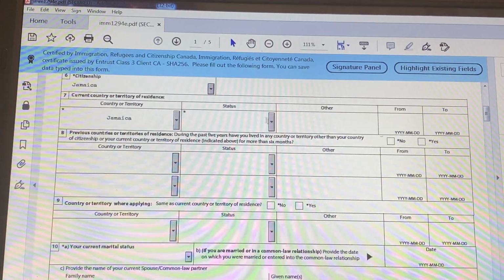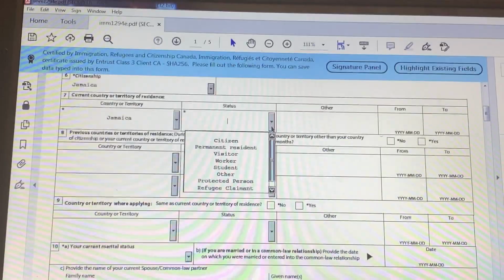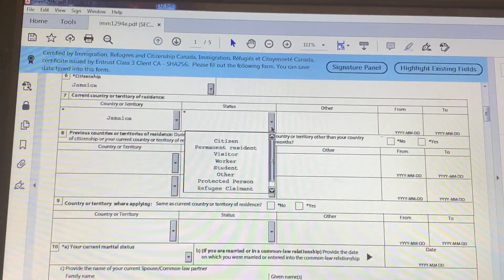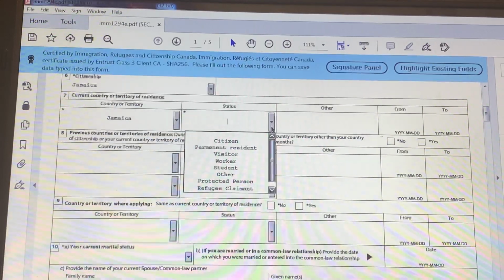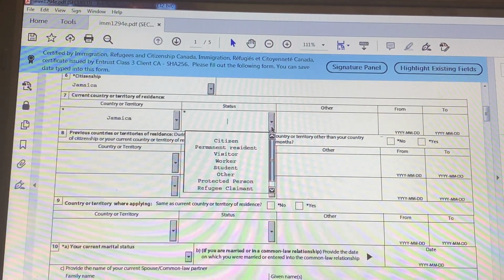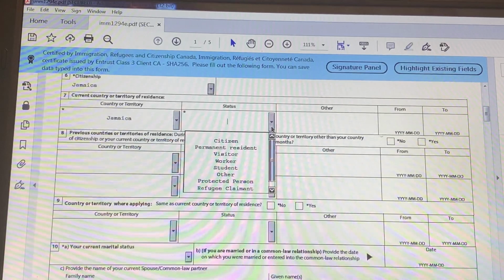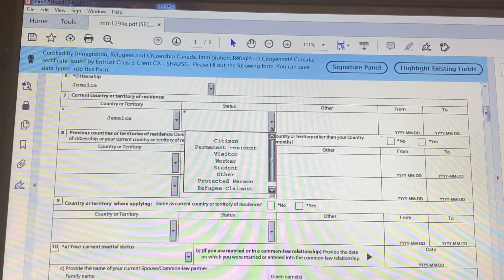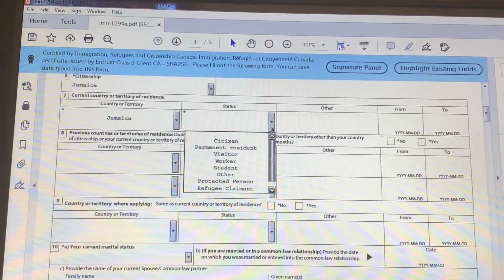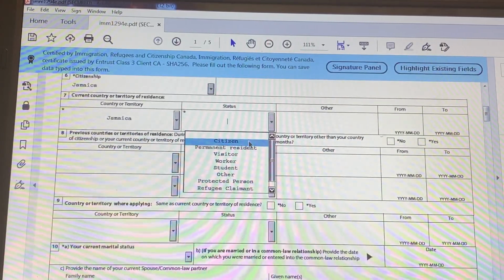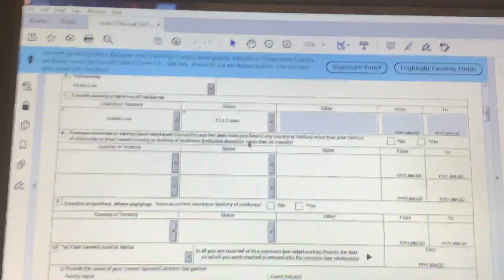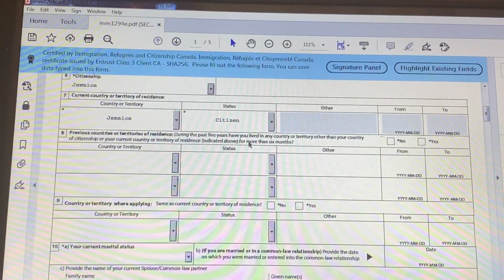And the status, if you're living in another country at the moment, what's your status in that country? Are you a visitor? Are you a citizen? Are you a permanent resident? Are you a student? Whatever causes you to be living in that country where you are applying from is what you'll put right here. In this case, Mr. John Brown is a citizen because he's applying from Jamaica, and he is a citizen of Jamaica.